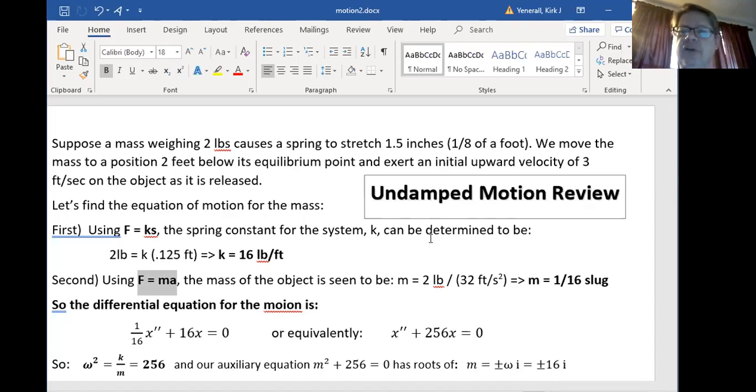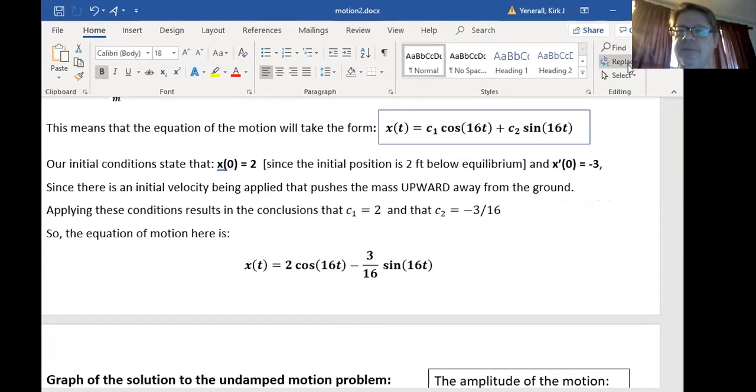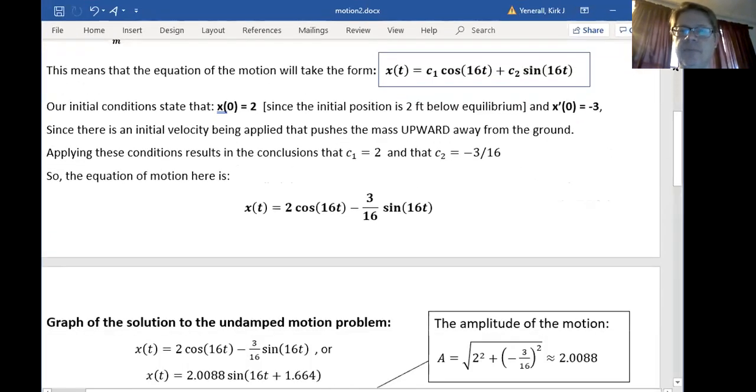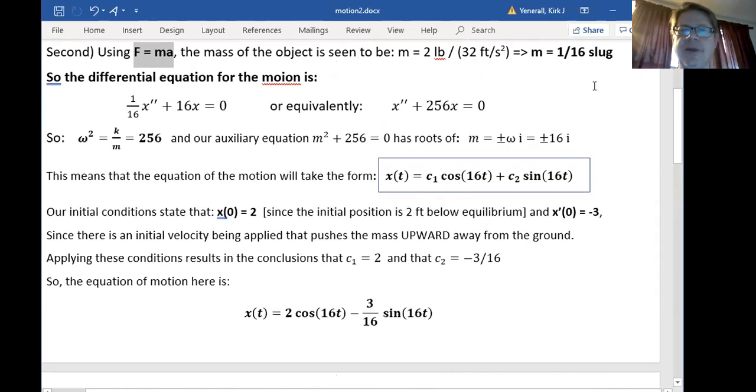Well, let's take a look at the differential equation that results here now. Let's back up. All right. So the differential equation of motion, one way to write it, remember, is m times x double prime plus kx equal to 0.